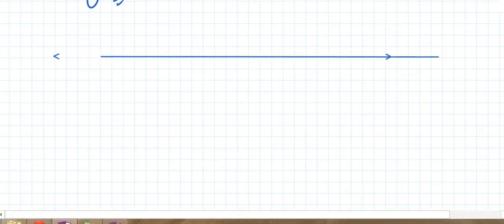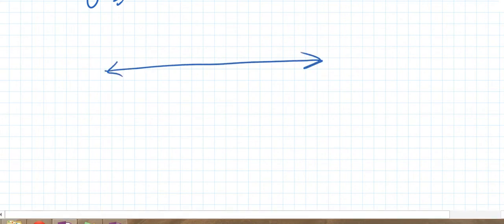The reason why you're always going to get a positive number is because let's look at it graphically. Let's say you have negative 3 and 5.